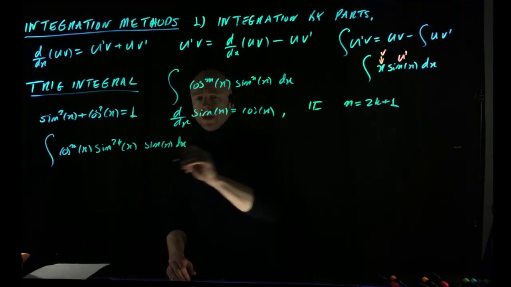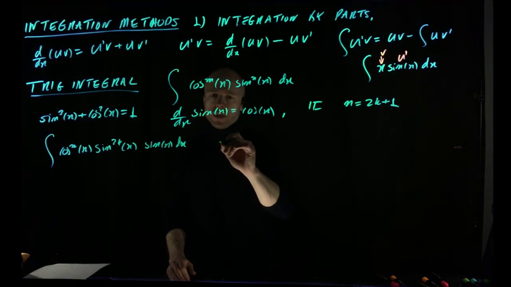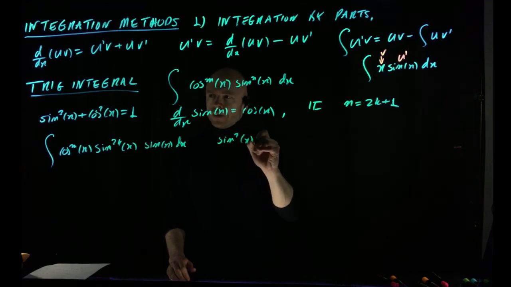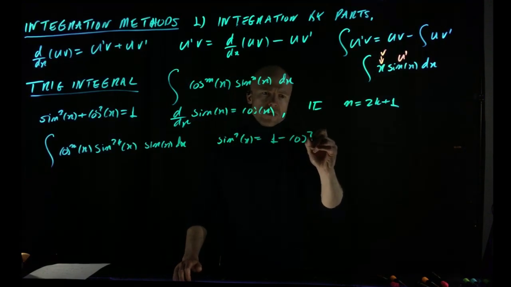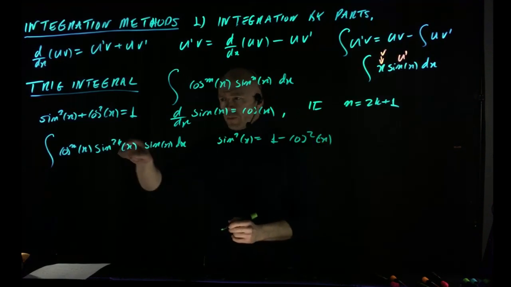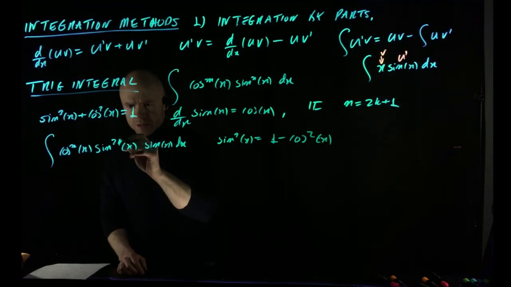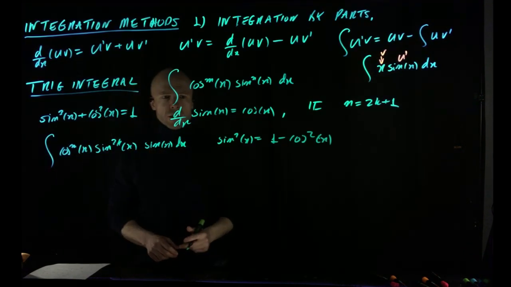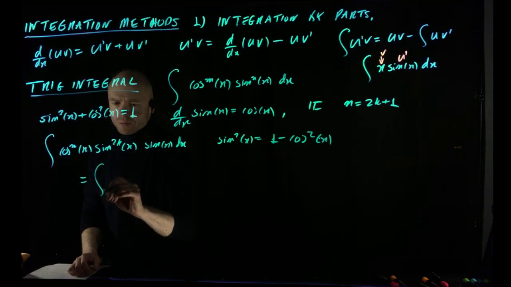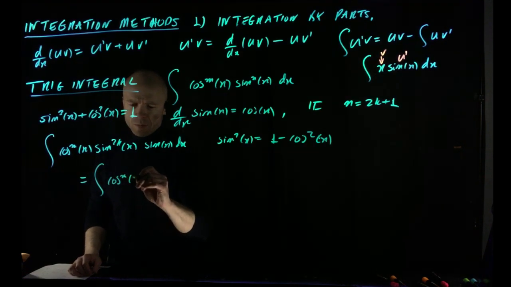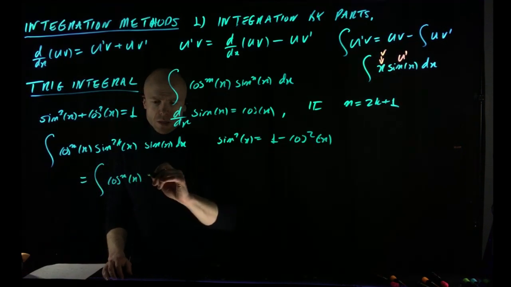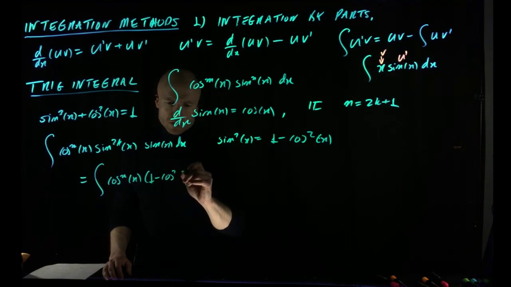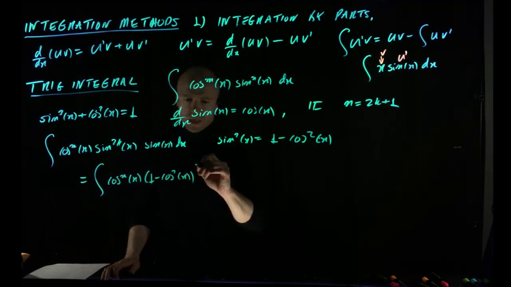And then we have this identity over here, so we have sine squared of x equals 1 minus cosine squared of x. And we can plug it into this thing because this is sine to the 2k of x, so it's sine squared to the power k. So then this whole guy here is going to be cosine to the m of x and 1 minus cosine squared x, everything to the power k.